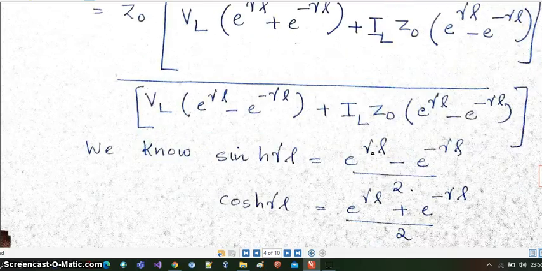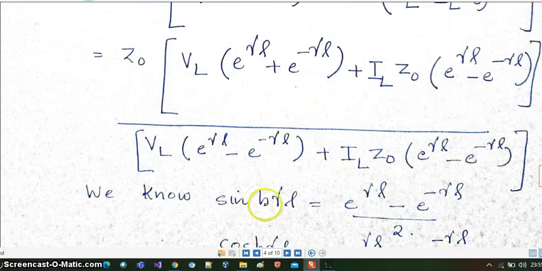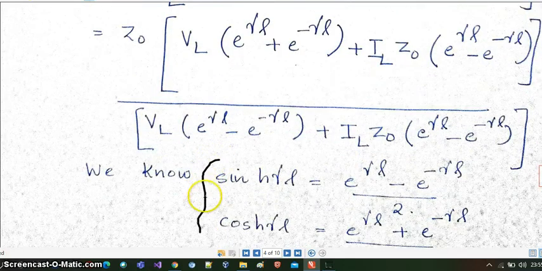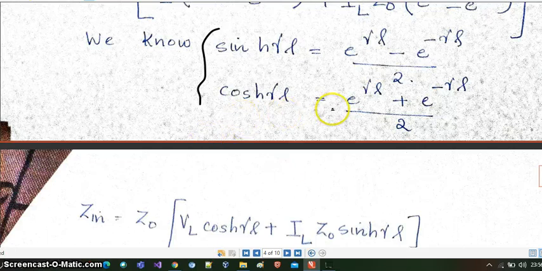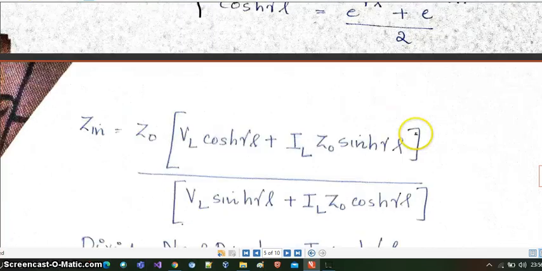The next step is to substitute this identity. We have already studied sinh of theta and cosh of theta. So sinh gamma L is equal to e raised to gamma L minus e raised to minus gamma L by 2, and similarly cosh gamma L is equal to e raised to gamma L plus e raised to minus gamma L by 2.